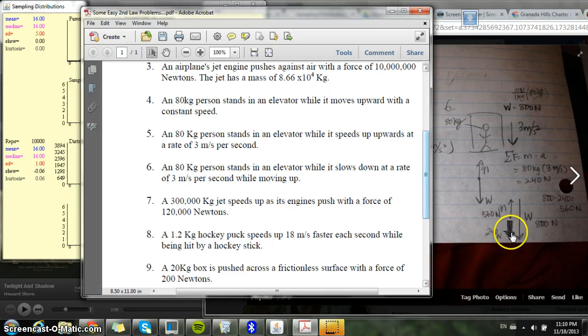But as you can see, this is a little weird. We are still moving up, but the net force is going downward.